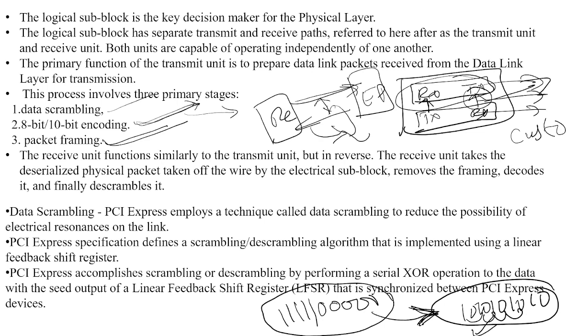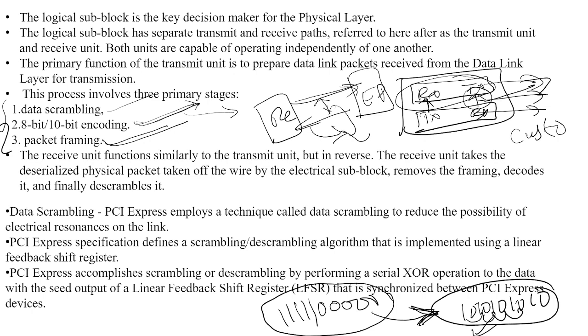Due to crosstalk, you won't see the proper data from your transmitter to receiver. Sometimes you won't get proper data. So in order to overcome these problems, we use data scrambling. So these are the main parameters we use from the transmitter perspective in the logical subblock.